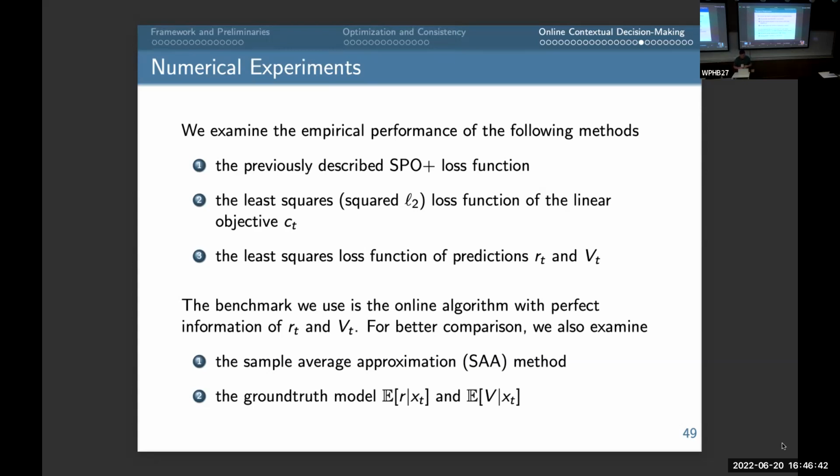We also consider as benchmarks the ideal benchmark, which is the algorithm that actually has perfect information. Then we also compare against SAA, which just ignores the features, as well as the ground truth model. So these are just benchmark comparisons. The real comparisons are against the different surrogates.